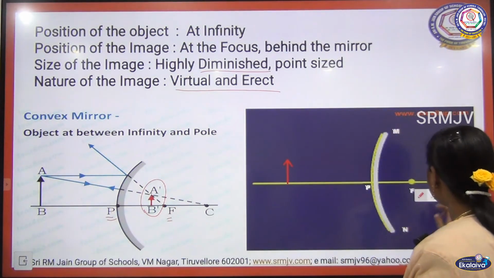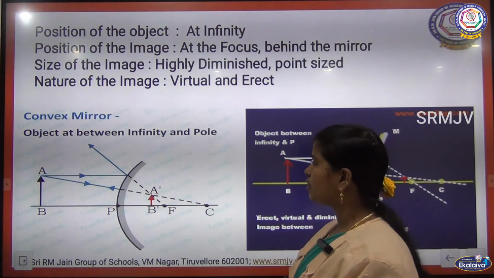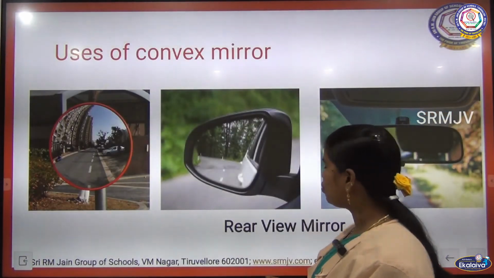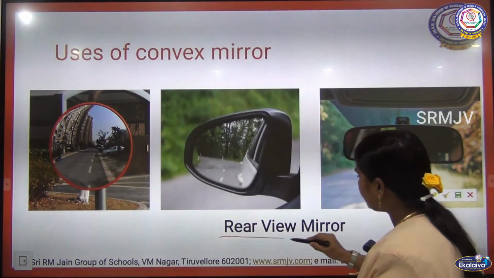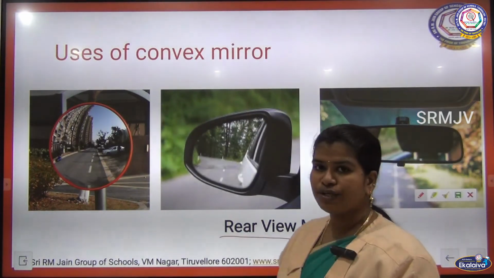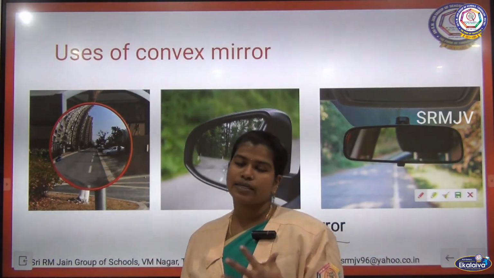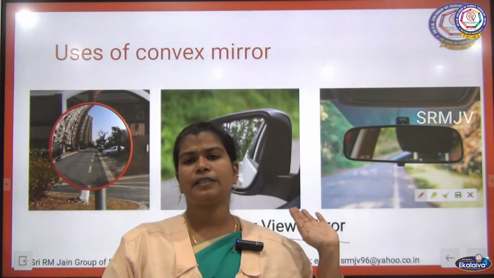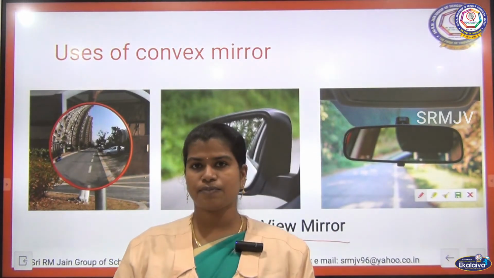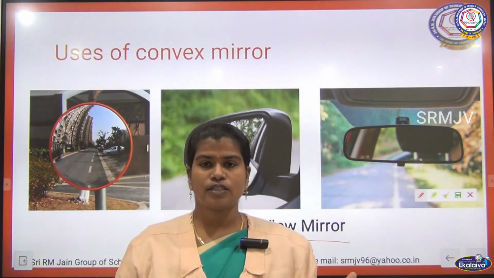Now let us move on to the uses of the convex mirror. The convex mirror is used as the rear view mirror, meaning the side mirror kept in vehicles. Why do we specifically use the convex mirror as a rear view mirror?